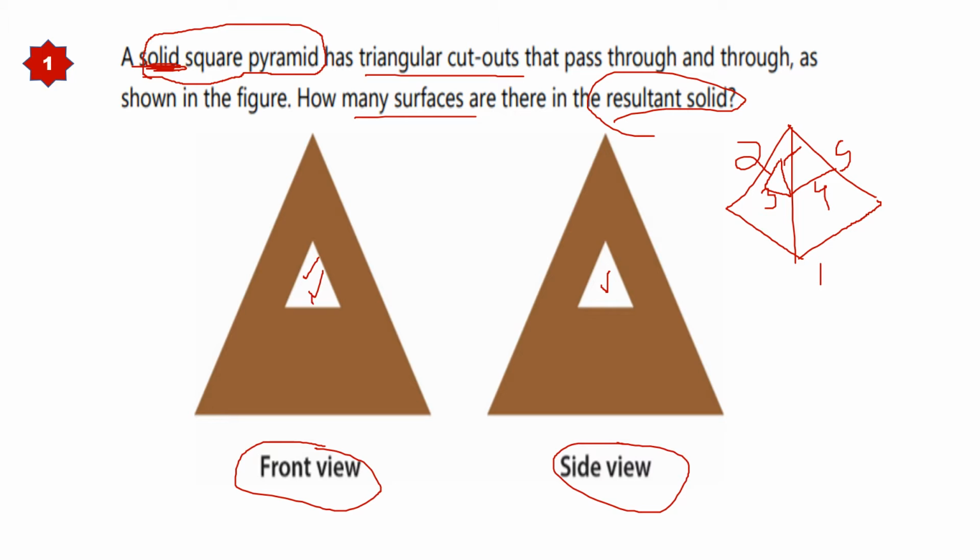So we know one, two, three more surfaces will be generated. Apart from the five, three more surfaces will be generated. And along with that, from here also there is a cut given in the side view, right? So in this way also we have to consider more surfaces.